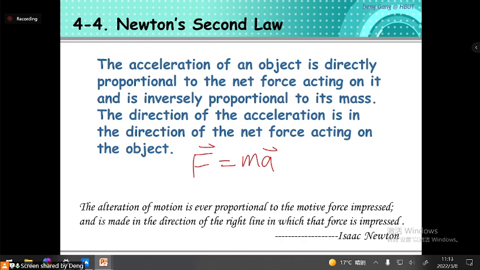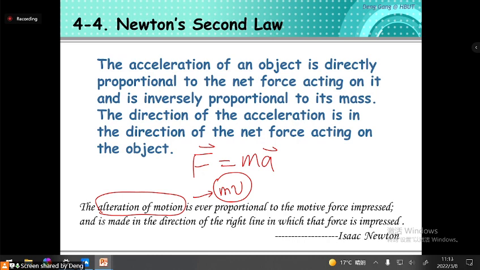So here, the alteration of motion, when Newton explained this, he said it should be equal to mv, the mass times the velocity. That is the change, the alteration of mv. So alteration of motion is alteration of mv.